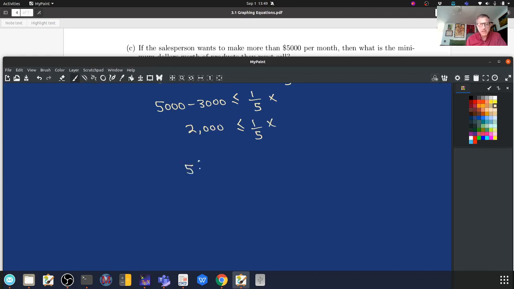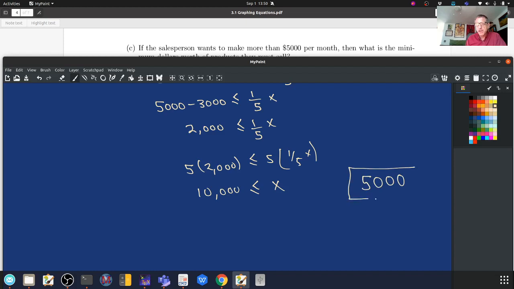So 5 times 2,000 is less than or equal to 5 times 1/5 x. So 10,000 is less than or equal to x. So if x, remember, is the amount of sales you make a month, and your amount of sales is greater than or equal to $10,000, then your take home is going to be $5,000. So not so bad.